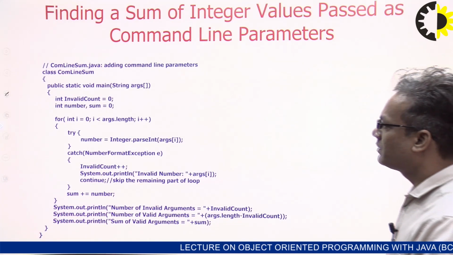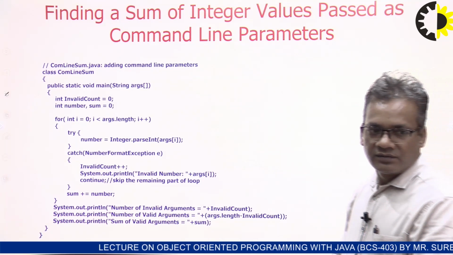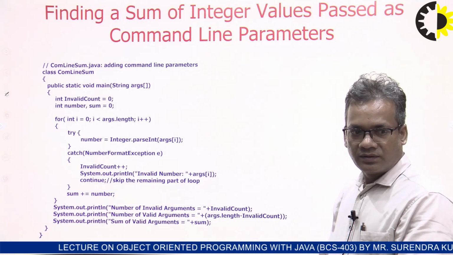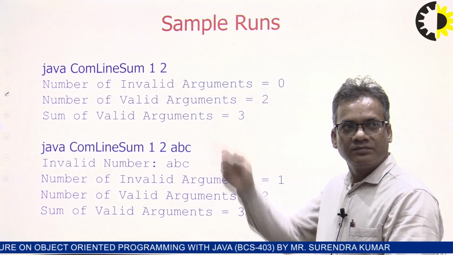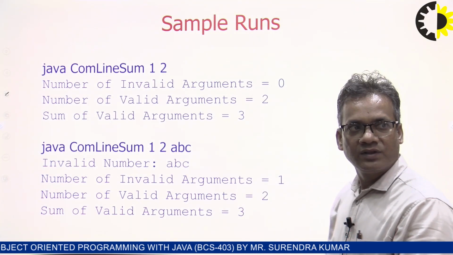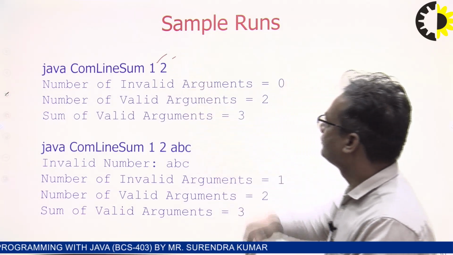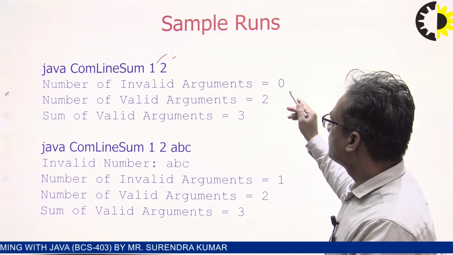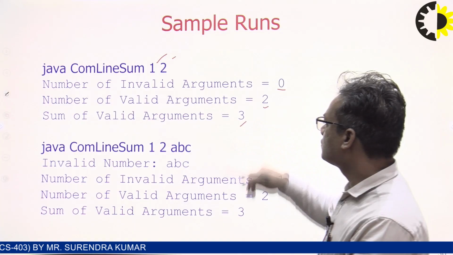This is a simple program in which we can use exception handling. In the sample run of the program, you will find the number of inputs 1 and 2, so the number of arguments is 2 and the sum is 3.